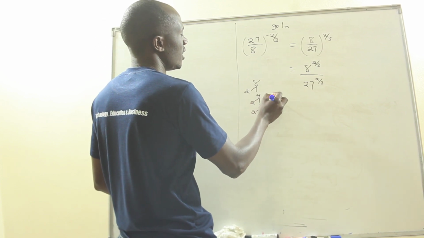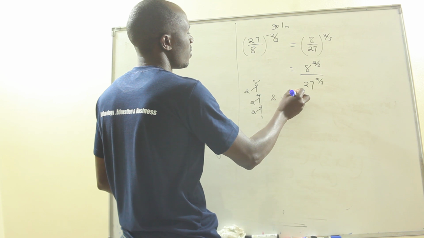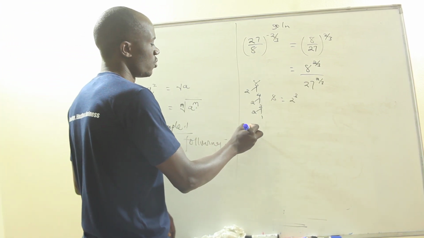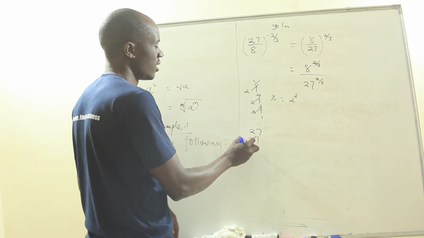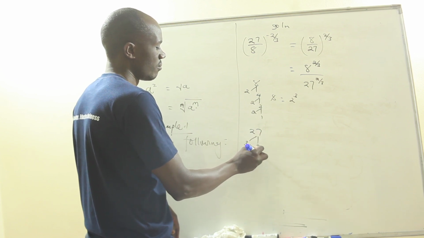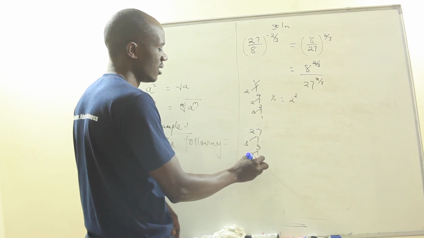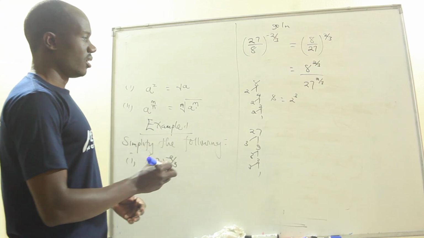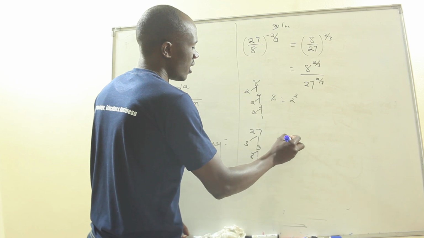So 8 is the same as 2 power 3. We also go to 27 and use the factor tree. By 3 you get 9, by 3 you get 3, again by 3 you get 1. So 27 is the same as 3 power 3.